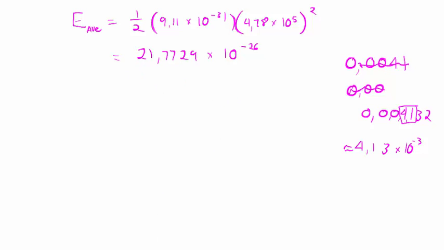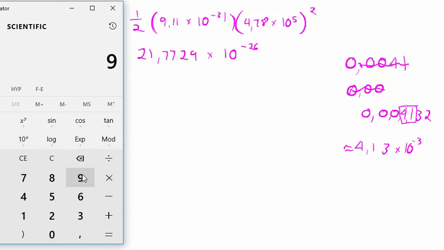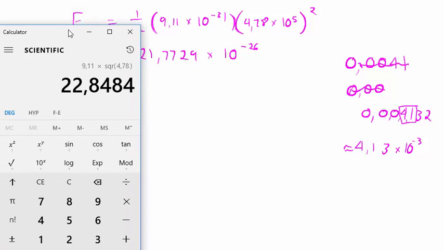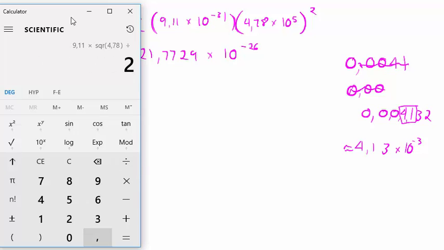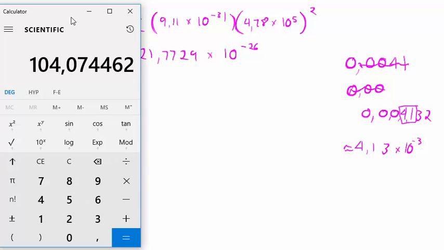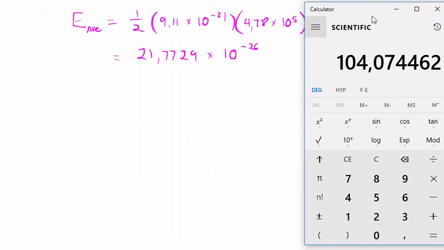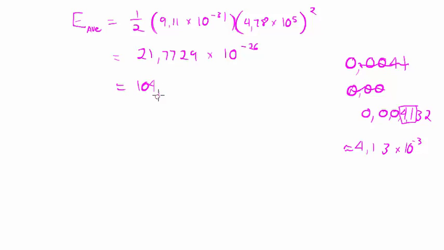Oh, sorry, I made a mistake. This is 9.11 times 4.78 squared, divided by 2, which is 104.74462, and now it's not 10 to the power of 26, I do apologize.